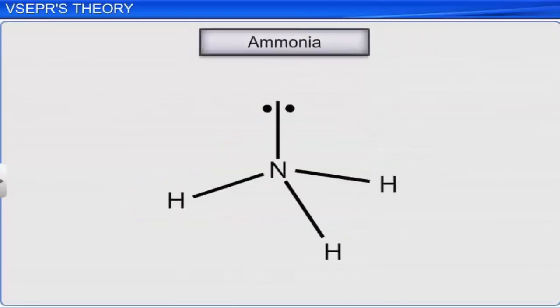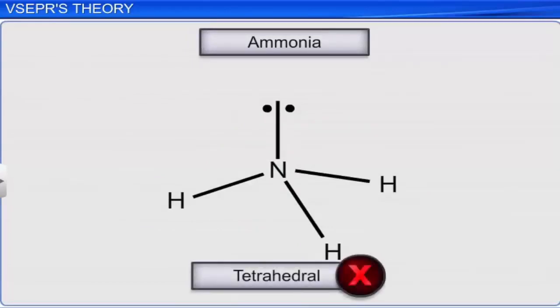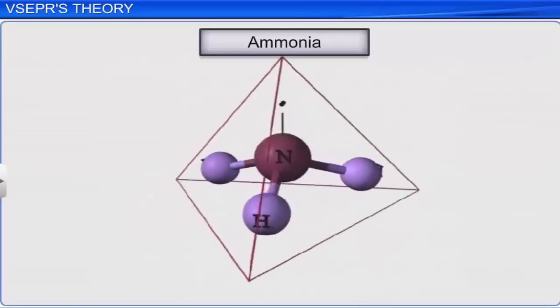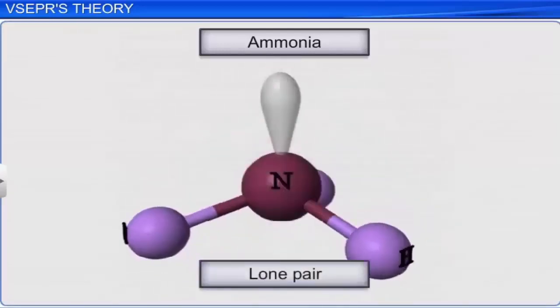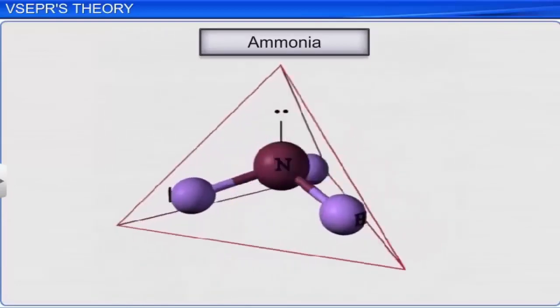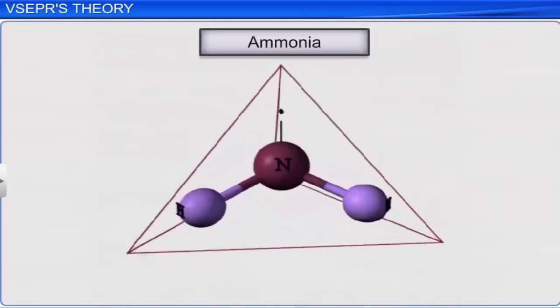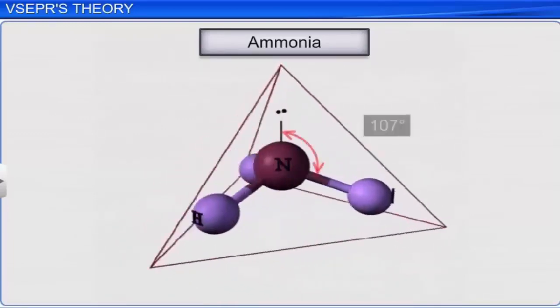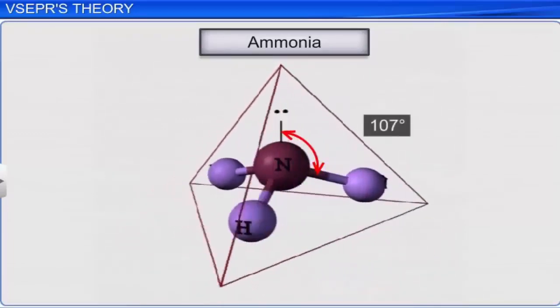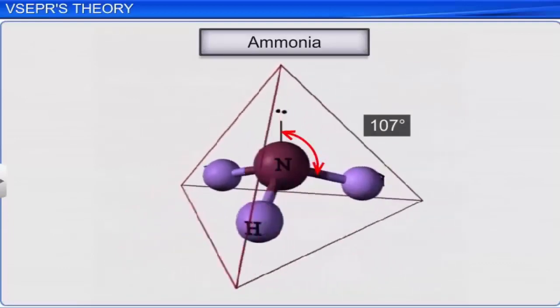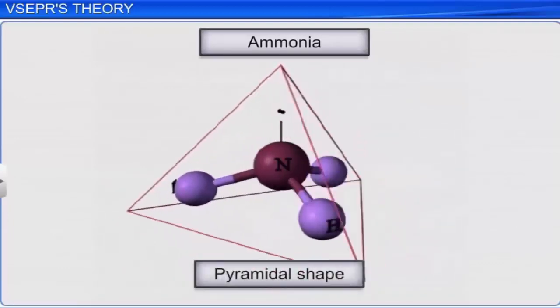The ideal geometry of the molecule with 4 pairs of electrons would be tetrahedral. However, the lone pair of electrons repels the N-H bonded electron pairs, thus reducing their bond angle to 107 degrees and giving the molecule a pyramidal shape.